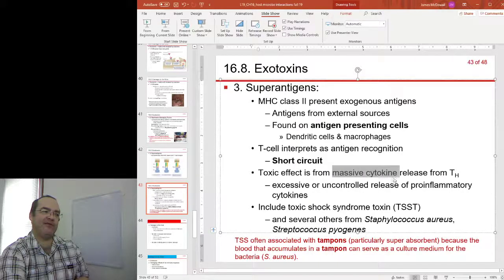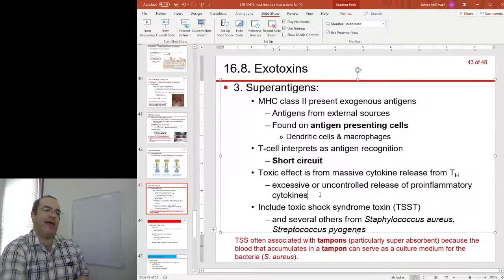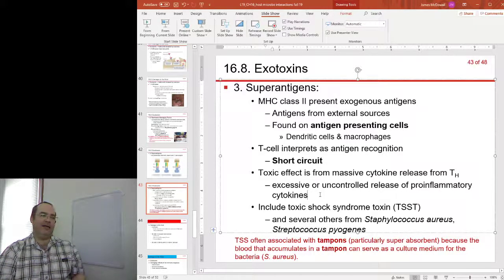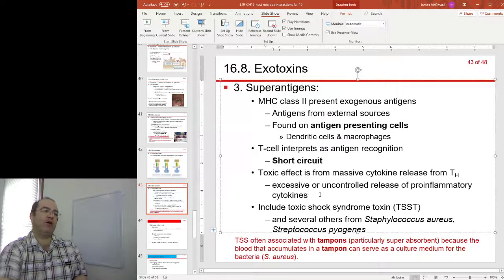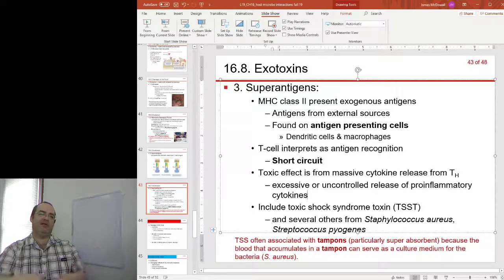There'll be massive cytokine release, typically excessive or uncontrolled release of inflammatory cytokines, and systemic inflammation is extremely serious. Toxic shock syndrome toxin is a type of superantigen that will trigger this massive cytokine release and this systemic, potentially fatal inflammation.